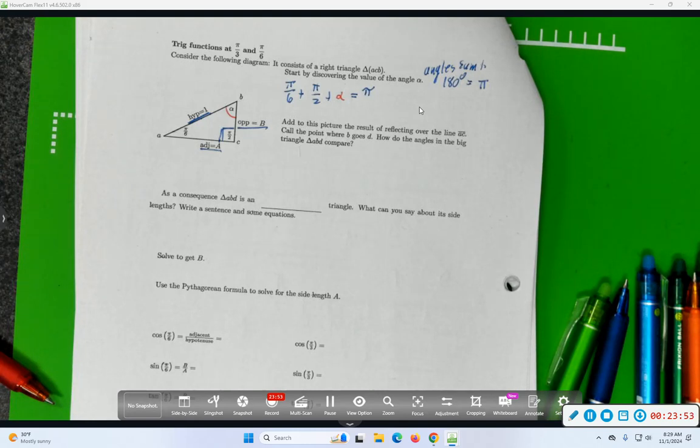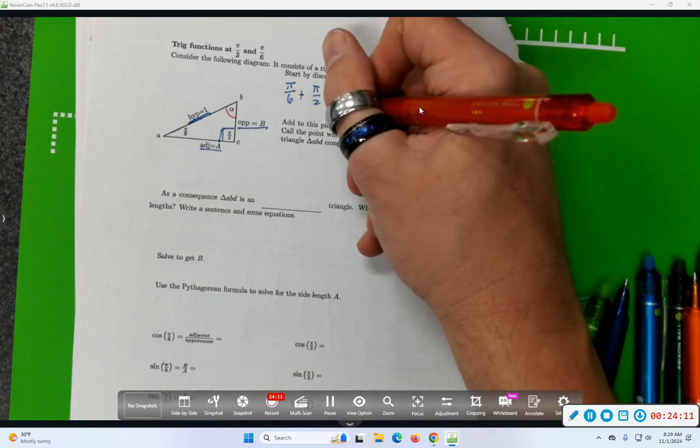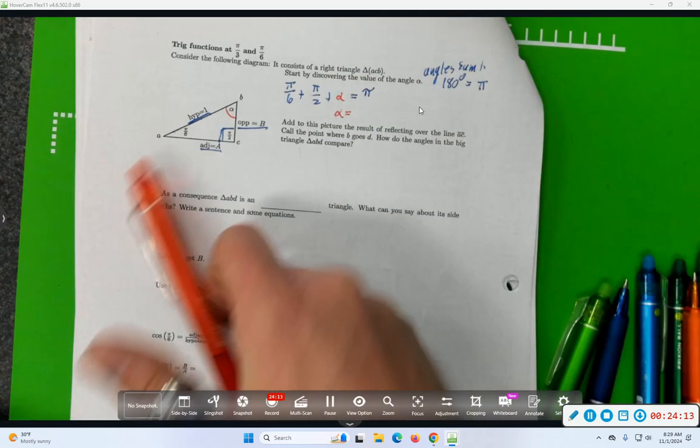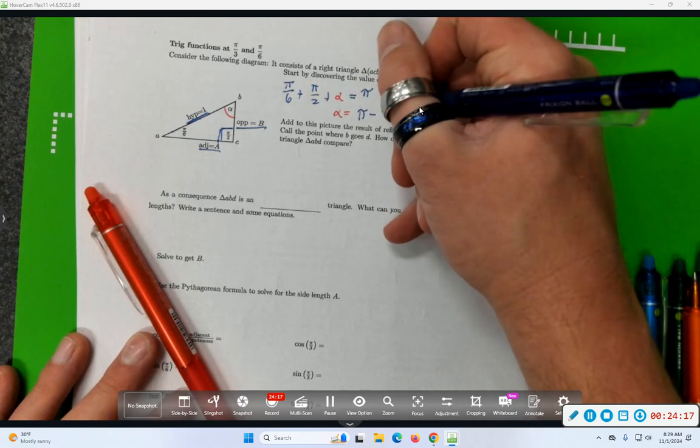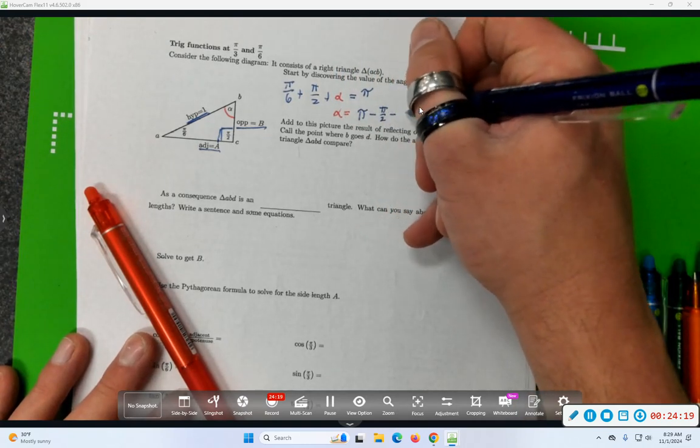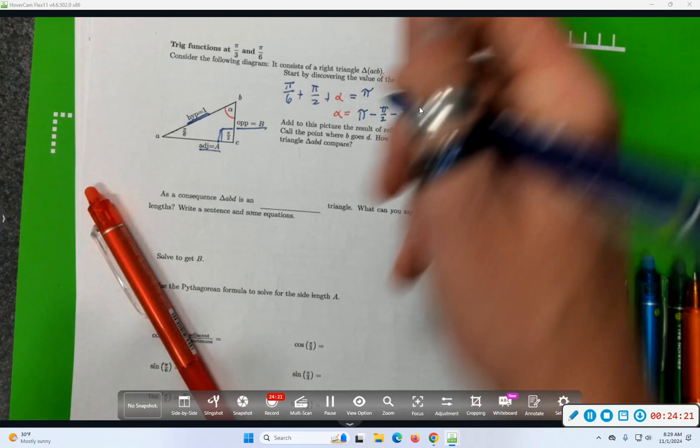Algebraically, I guess that's trivial to solve for alpha, right? You just need to subtract some things to the other side. I guess the only thing that makes it difficult is whether or not you can work with fractions. So, let's do it. Alpha is now equal to pi minus pi over 2 minus pi over 6.